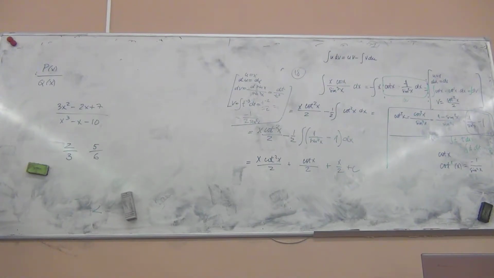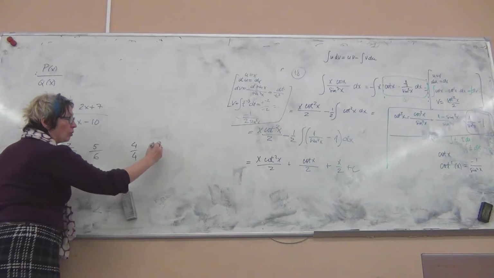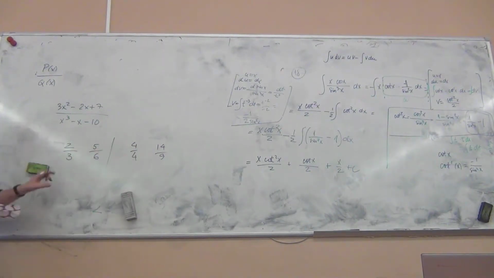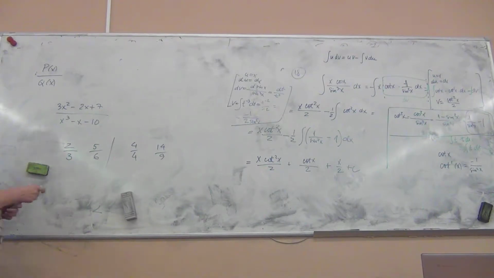A fraction is improper if the numerator is the same as the denominator or perhaps greater than the denominator. So proper fractions, the value is less than 1. Improper fractions, the value is greater than 1 or equal to.